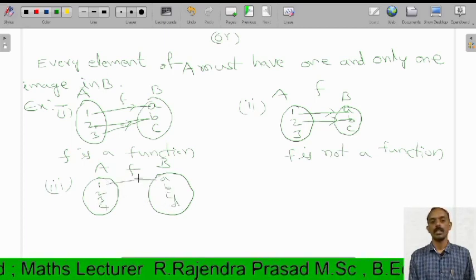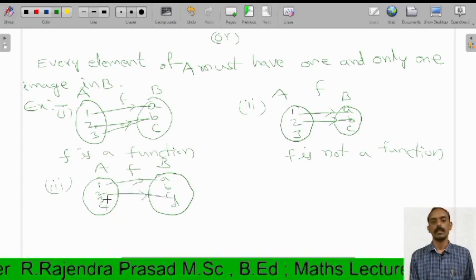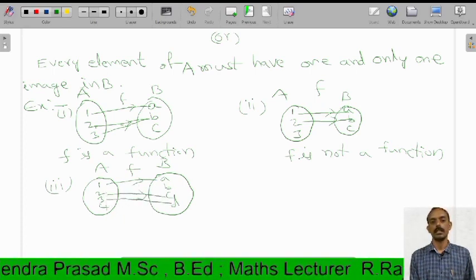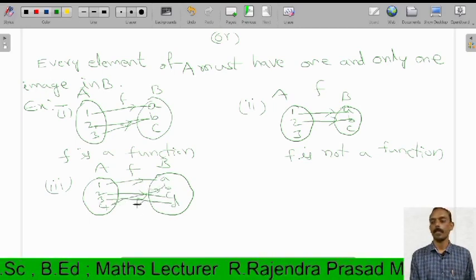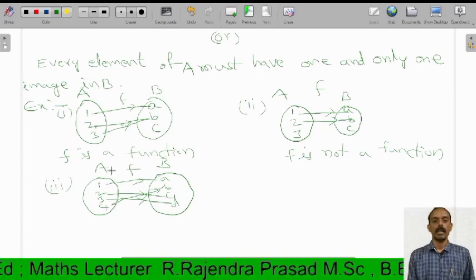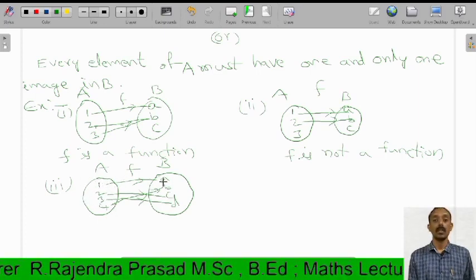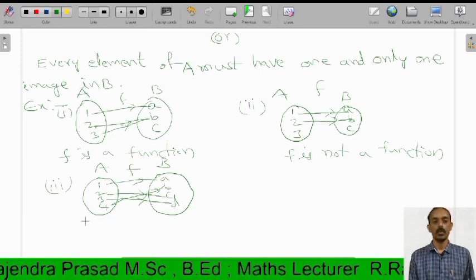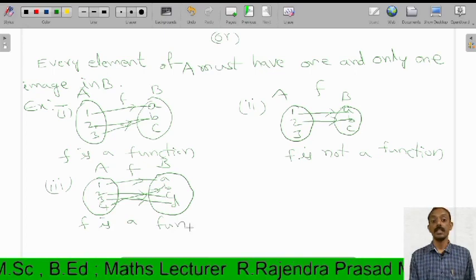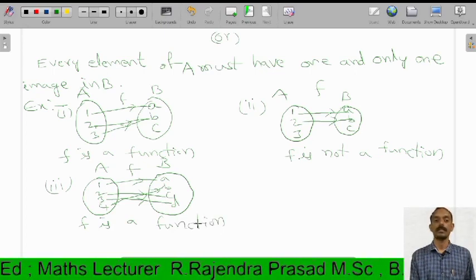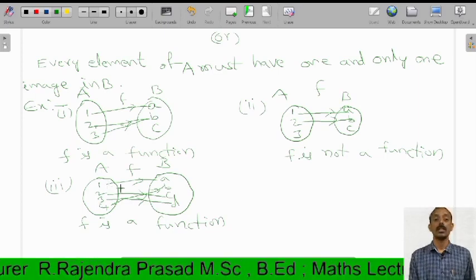Image of 1 is a, of 2 is c, of 3 is d, of 4 is b. Every element in A has one and only one image in B. Therefore, F is a function.